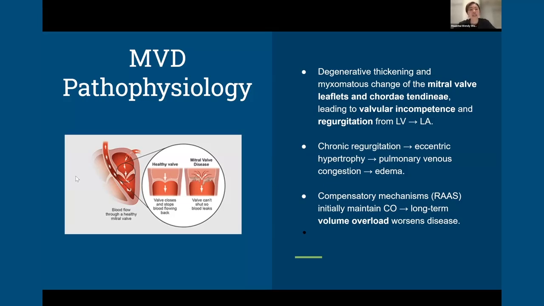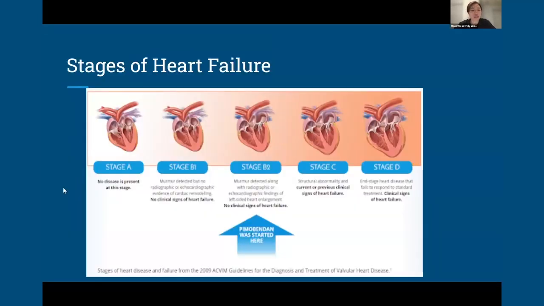Okay, so stages of heart failure, just really quickly. Stage A is when there's no disease present whatsoever, so the animal is very healthy otherwise. Stage B1 is when we hear a murmur, often during the annual exams, we'll hear a little bit of a grade 1, grade 2 murmur detected.